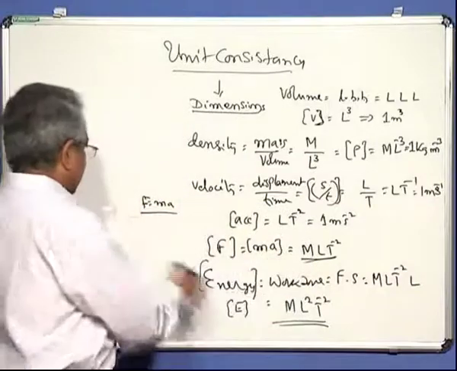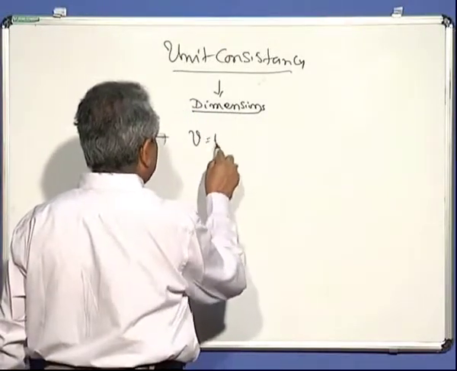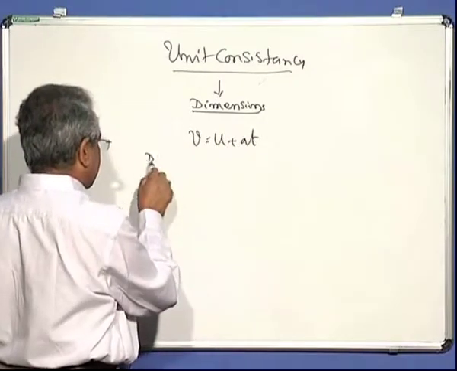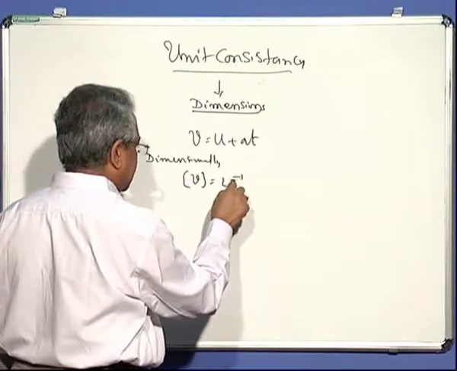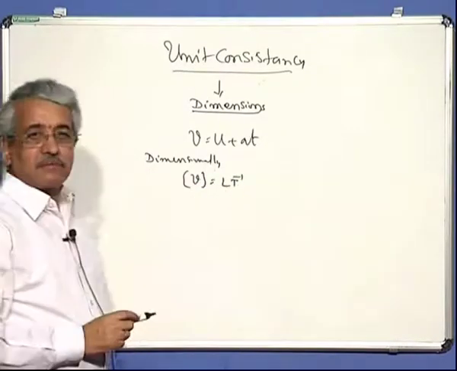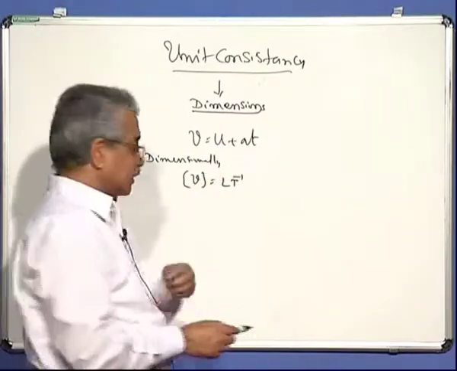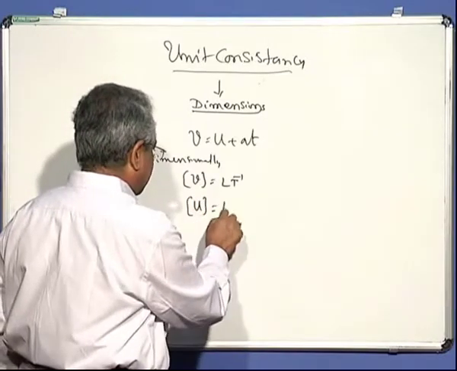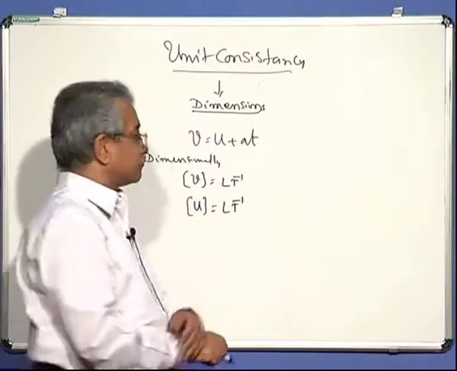Let me show you an example. I have taken the same example as V is equal to U plus AT, just now mentioned here. If you write this equation dimensionally, V must have the same dimensions as velocity. Velocity's dimensional formula is LT minus 1. Similarly, for U, the dimensional formula is LT minus 1 only, because it is velocity again.